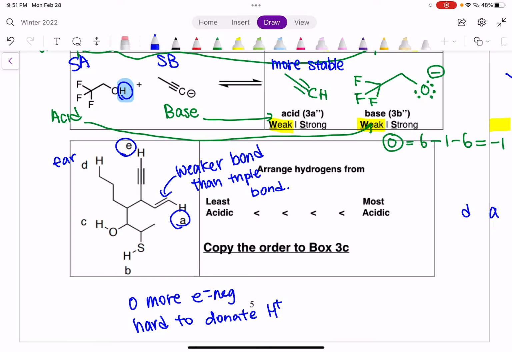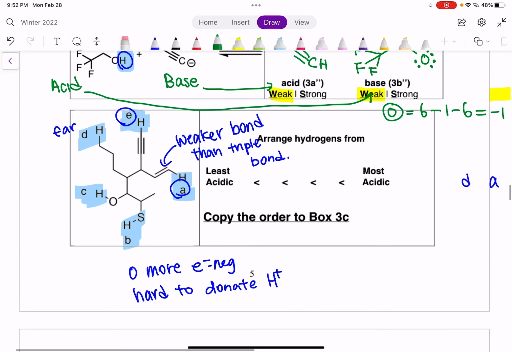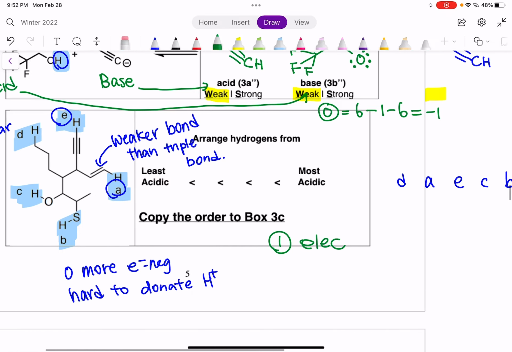Okay, so for 3C we have, let me just highlight the thing, E. So A, B, C, D, and E. If we would like to compare the strength of the hydrogens, we have to look for the electronegativity, and the second one is the distance, and the third one, I remember, was the bond it's connected to.